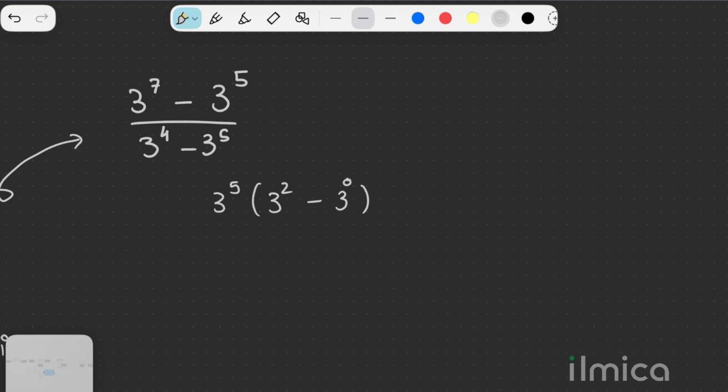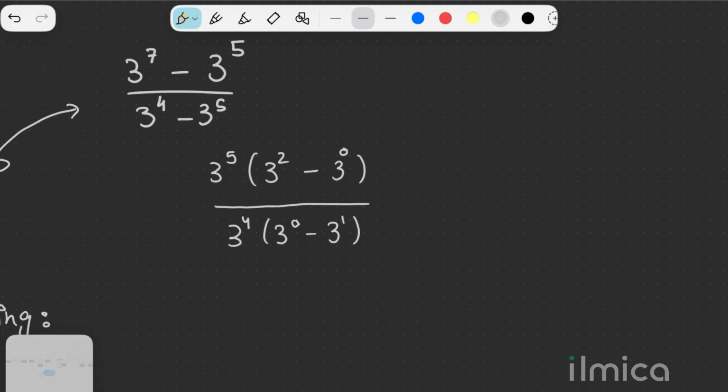That is something you have to keep repeating: write the remaining power inside the bracket after having taken out the smallest power of that number. In the denominator, the same thing happens. The smaller power over there is 3 raised to the power 4. And then we have 3 raised to the power 0 minus 3 raised to the power of 1.